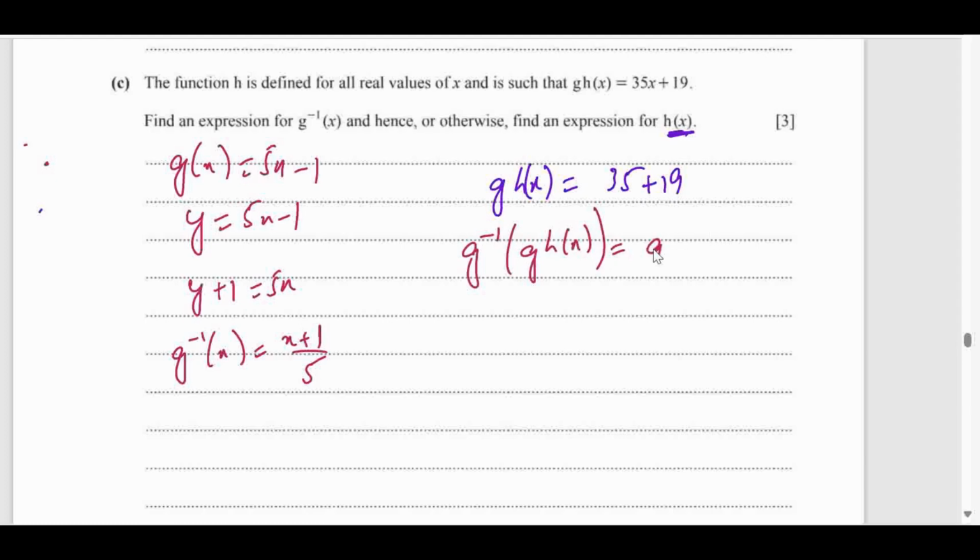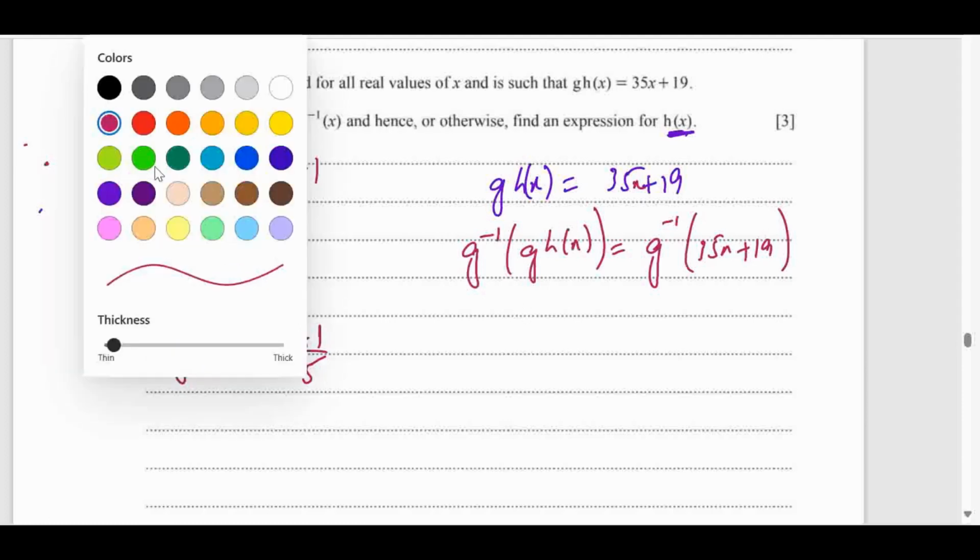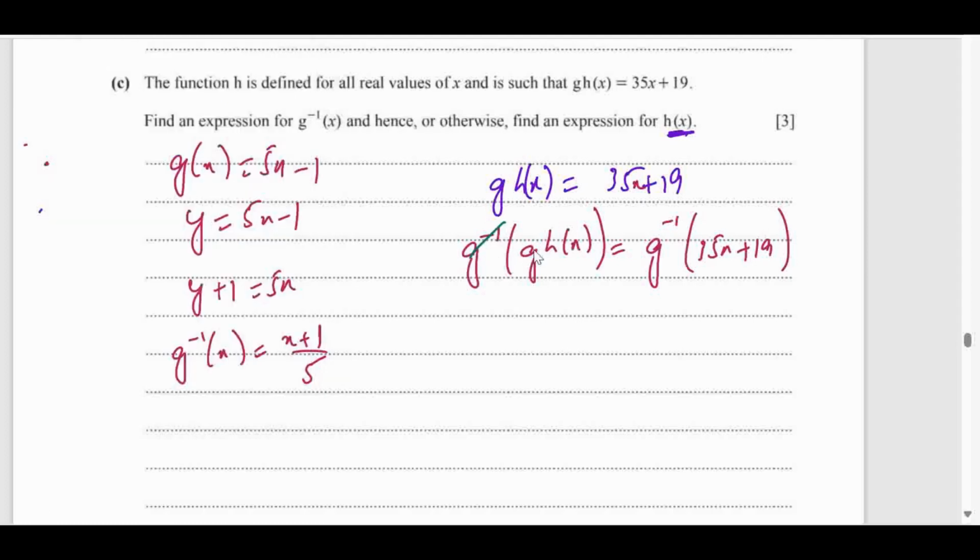It means g inverse of this answer, 35x plus 19. Now it means that on the left side this will be cancelled out, and hence h of x will be equal to g inverse of 35x plus 19.